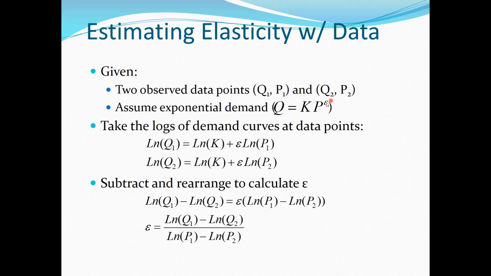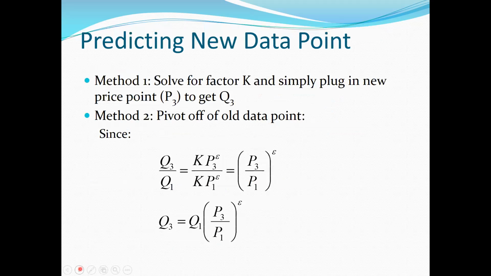What I'm trying to tell you is that the exponent of the demand function acts as an elasticity. You can also predict the future data points based on this. You can predict a new data point.